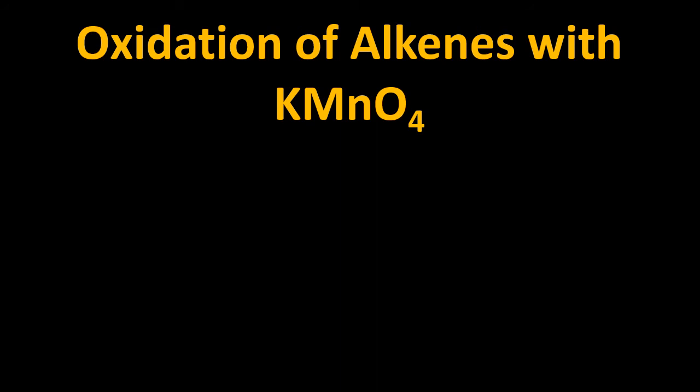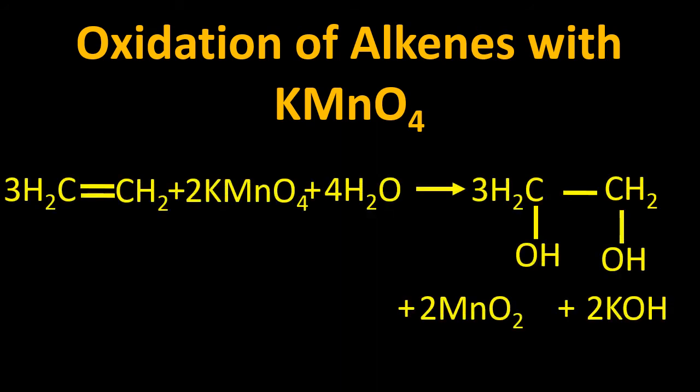Potassium permanganate is a very strong oxidizing agent. So oxidizing agent means that it will reduce itself to oxidize others. And in this case, potassium permanganate is reducing to oxidize alkenes. Okay?